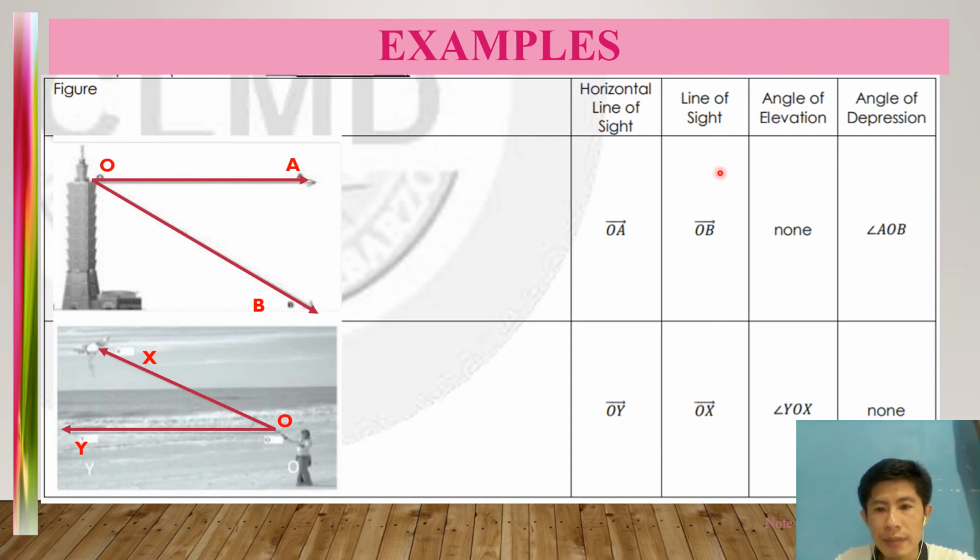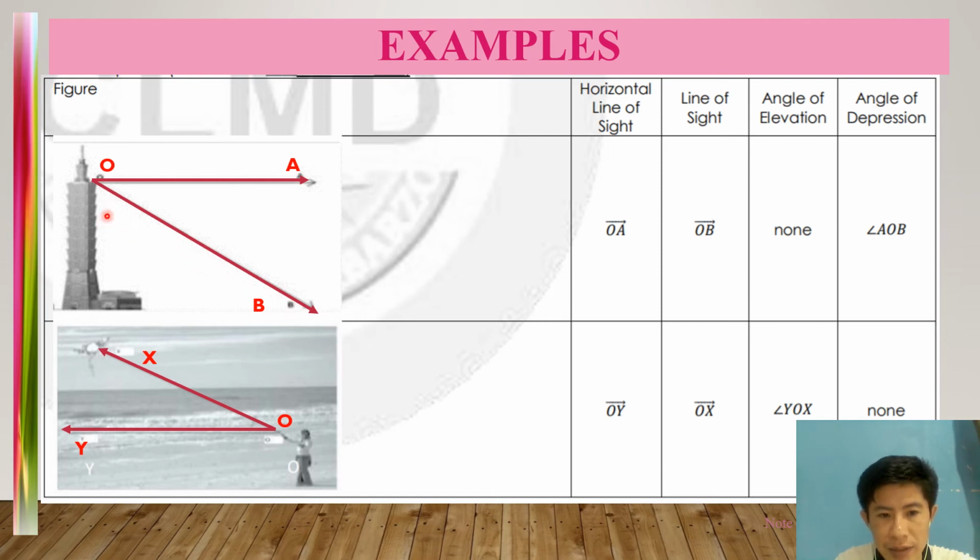Then, the next is the line of sight. Ang tinutukoy ditong line of sight is either the line of sight below or the line of sight above the observer. Okay. So, kung ito yung mata, this is the eye of the observer, automatic, etong isa ang magiging line of sight.